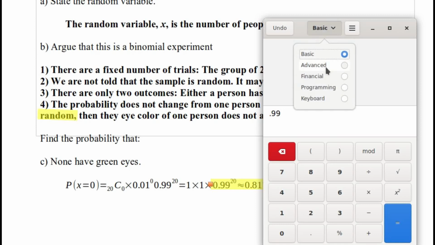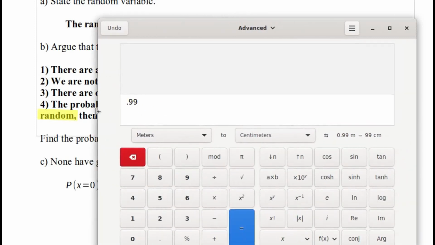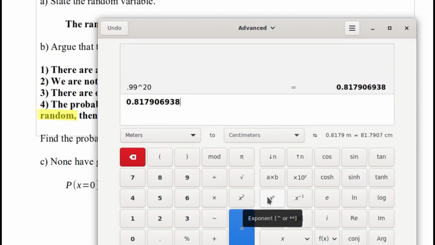It looks like we need the advanced functions, so let's go in and take a look at those. And we want to raise this to a power, so we want it to be raised to the 20th power. So any calculator will tell you that we're talking about approximately 82% of the time.